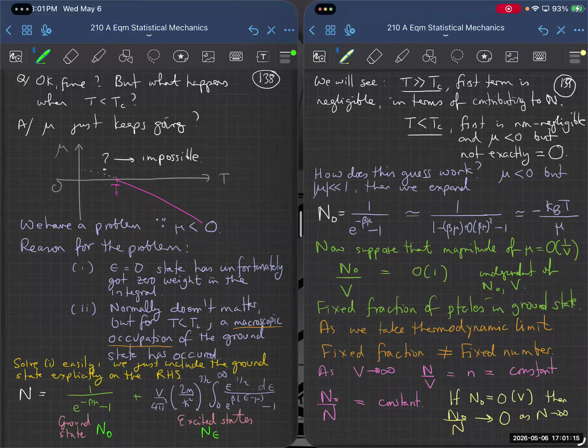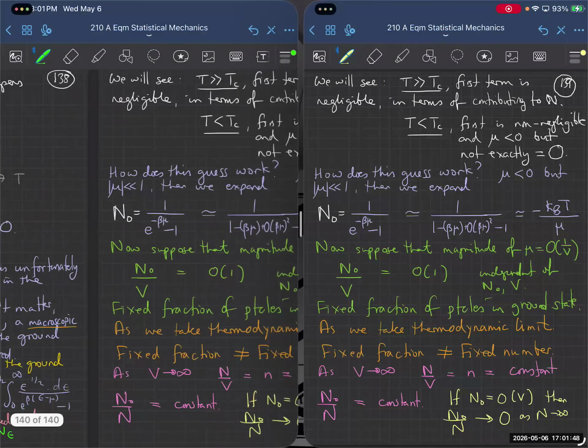But when the temperature reaches 0, that means beta goes to infinity. Right. So we're not setting beta equal to infinity. You tell me what beta is. You tell me what temperature you're at, and then I make the system size go to infinity, and mu varies as 1 over the system size. So for fixed temperature, now I take the thermodynamic limit.